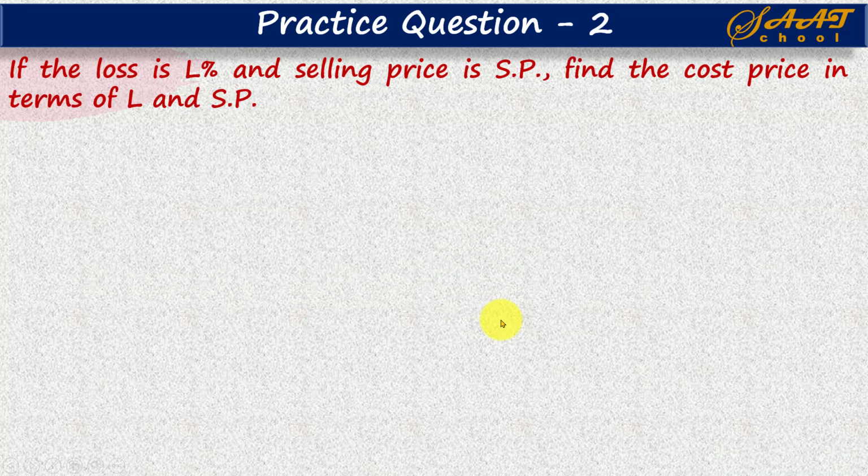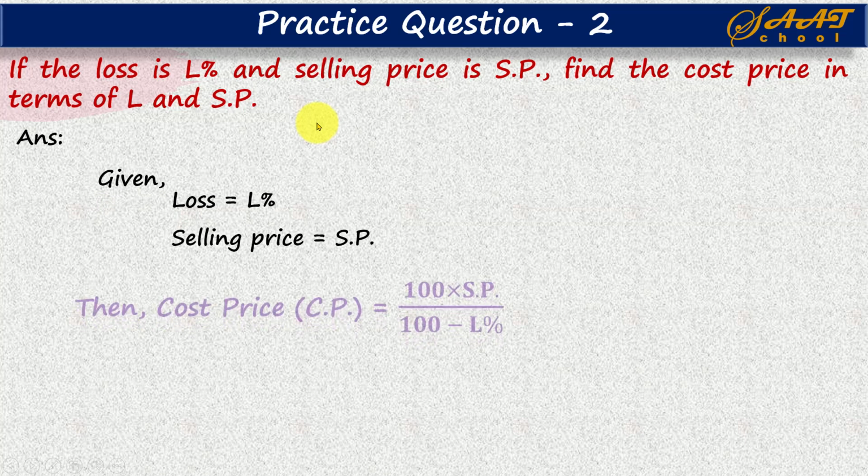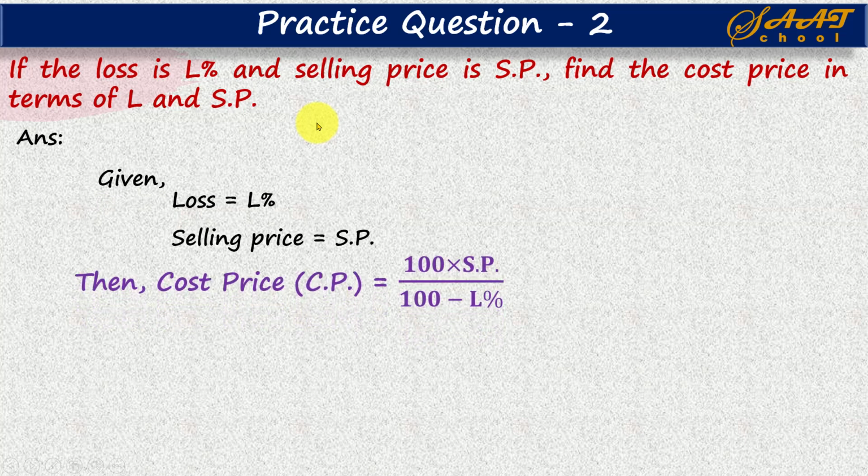Now here is practice question 2. Simply the loss percent is given, L percent, and selling price SP. Now you have to find cost price in terms of L and SP. As we discussed earlier, if L percent or loss percent is given, then there should be minus L percent. So that is simply the difference between practice 1 and practice 2.